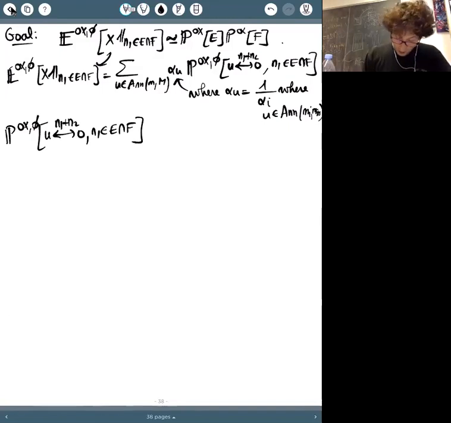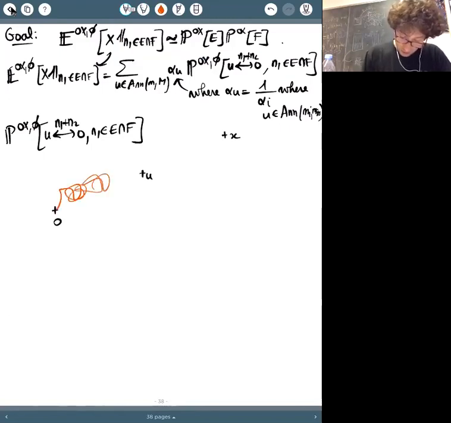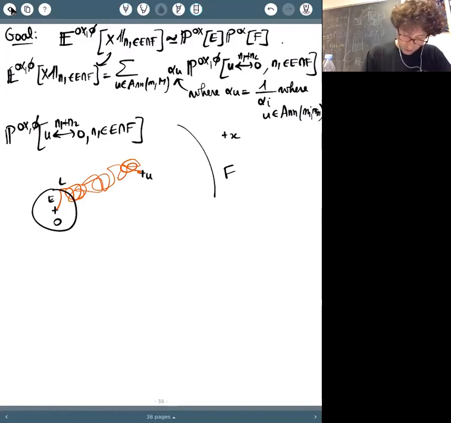Okay, so I have 0, I have x, and I have u. I know that the sum of the two currents has a connection from 0 to u, and here there is an event depending only on what is happening here, as there is an event depending only on what happens outside.